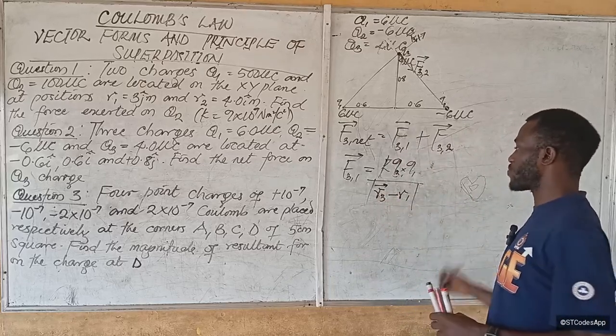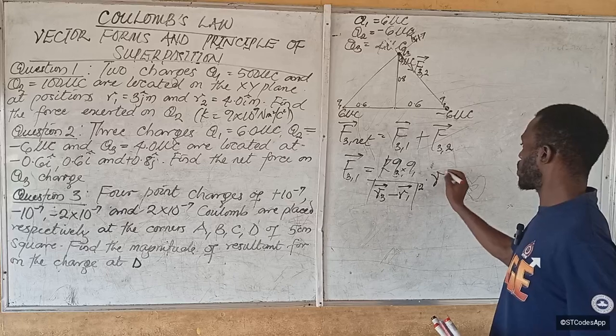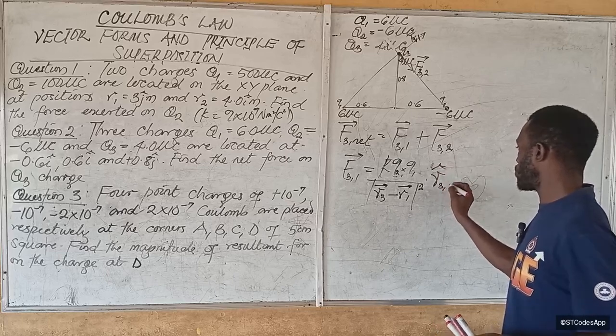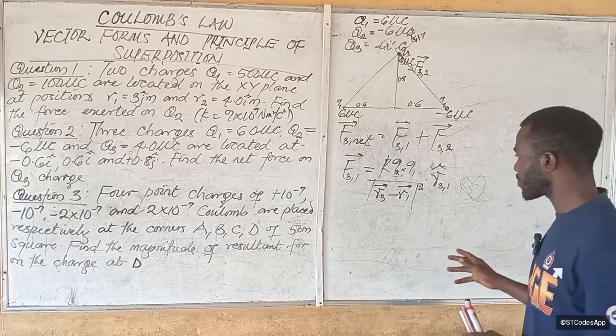Actually, our vector will point from 1 to 3, but the absolute value will not change. I hope this is clear.